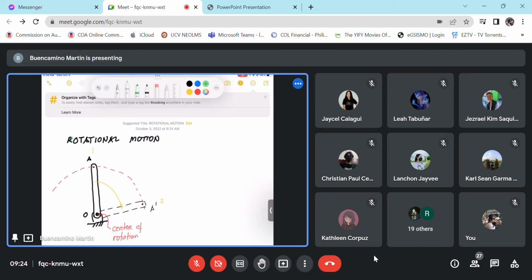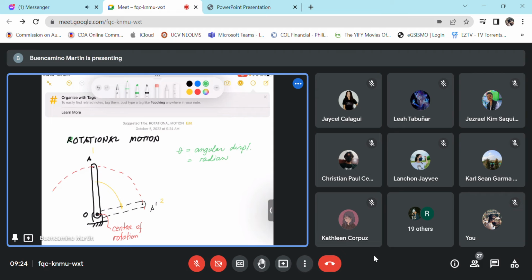And usually, our symbol for angular displacement is a Greek letter called theta. So this is angular displacement, and it is expressed in terms of the unit radian.